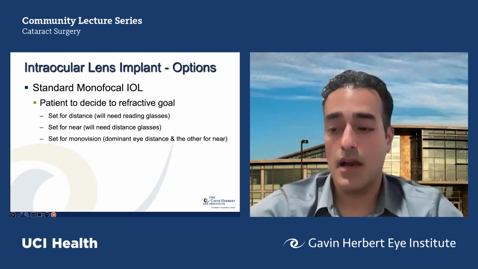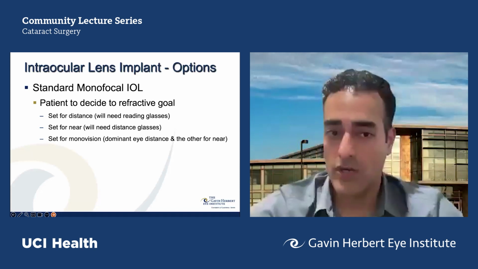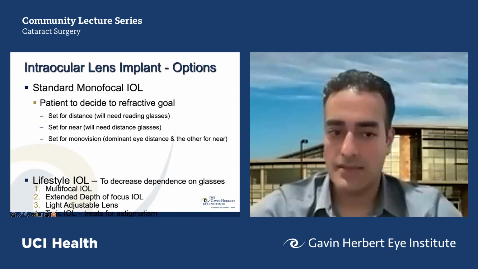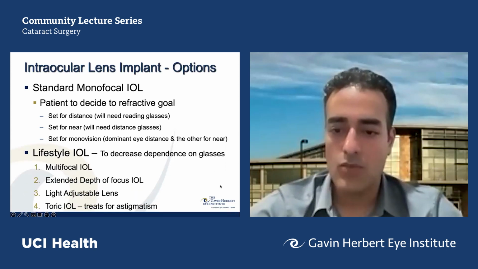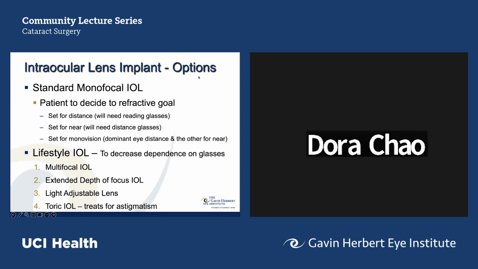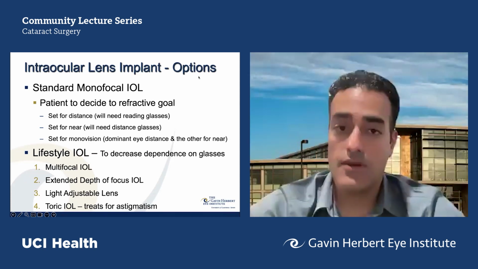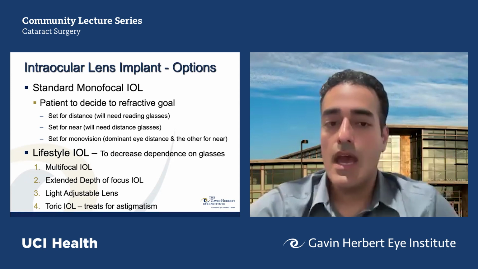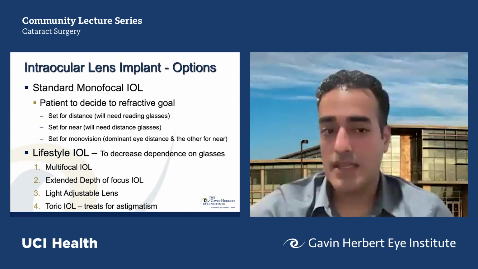Astigmatism is different, and it has to do with the shape of the cornea, and we'll get into that a little bit more in a few slides. On the other hand, we have lifestyle lenses. These are lenses that are not covered by insurance, an extra out-of-pocket cost, but the benefit is you get some extra focal points. Not everyone's a candidate for these lenses.